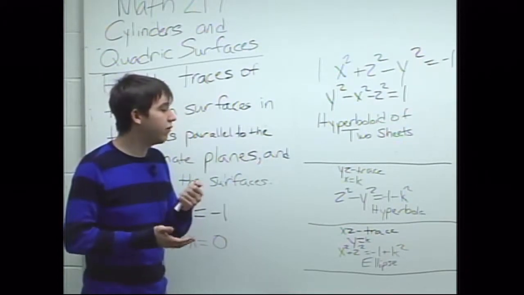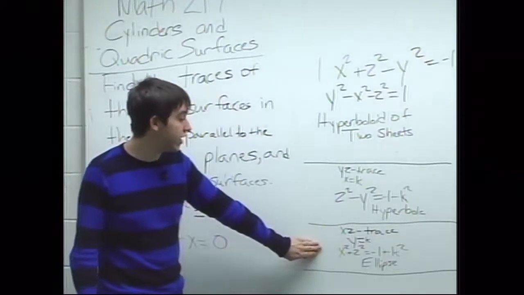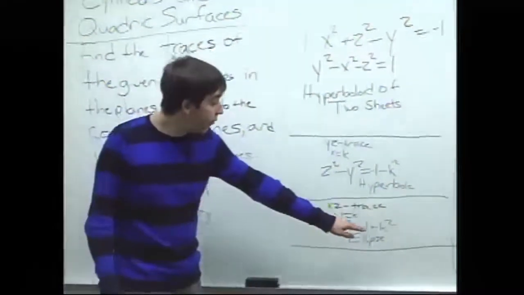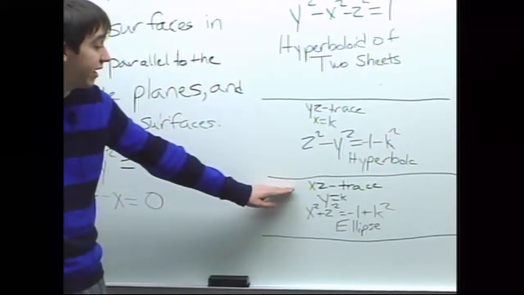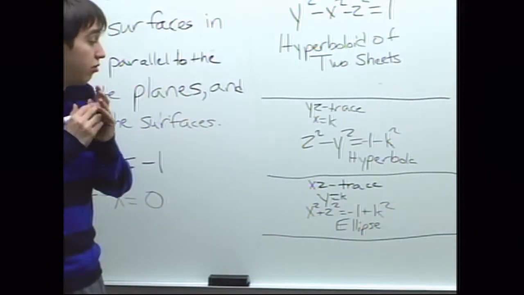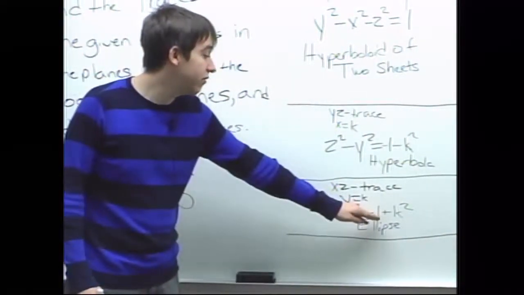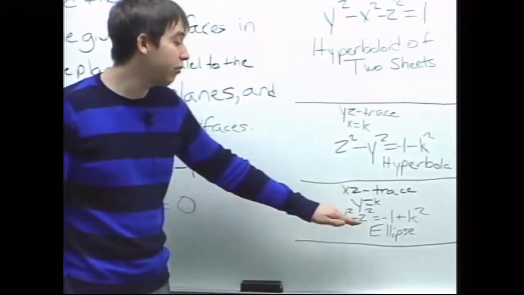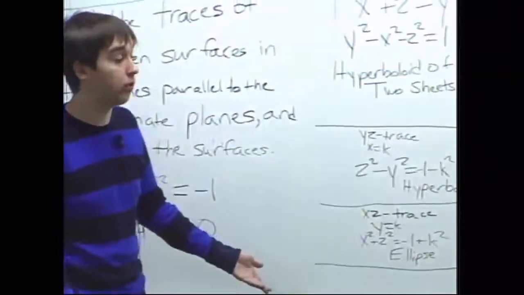Another way that you can think about it is if you look at the ellipse trace right here, you can see that when k is equal to 0, so when you're actually on the xz plane, no set of points x and z will satisfy that equation because that would imply that x squared plus z squared is equal to negative 1, which is impossible for all real x and z.